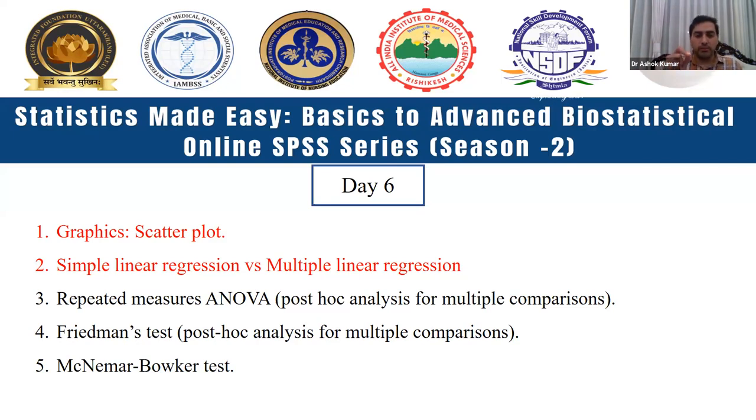To compare mean quality of life between baseline and 1 year, or baseline and 3 months, baseline and 6 months, we will use repeated measure ANOVA if our quantitative dependent variable is normally distributed. If it is not normally distributed, we should go for the Friedman test.